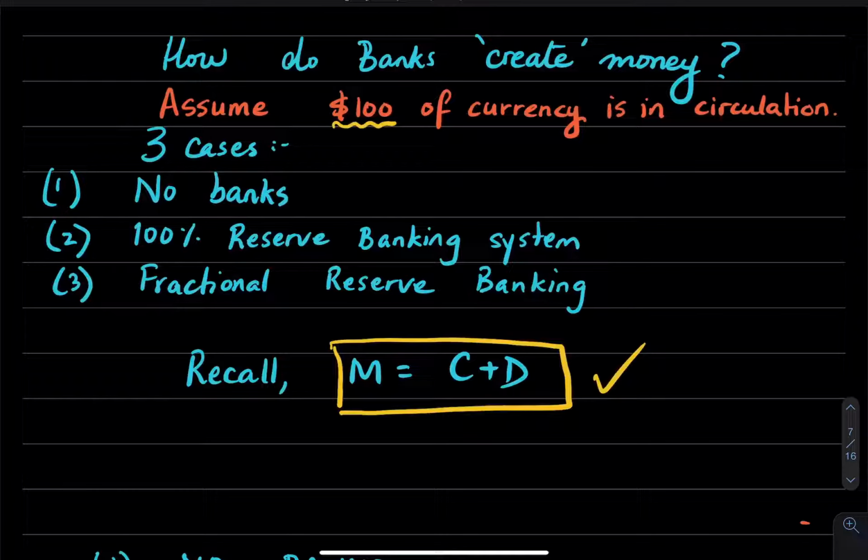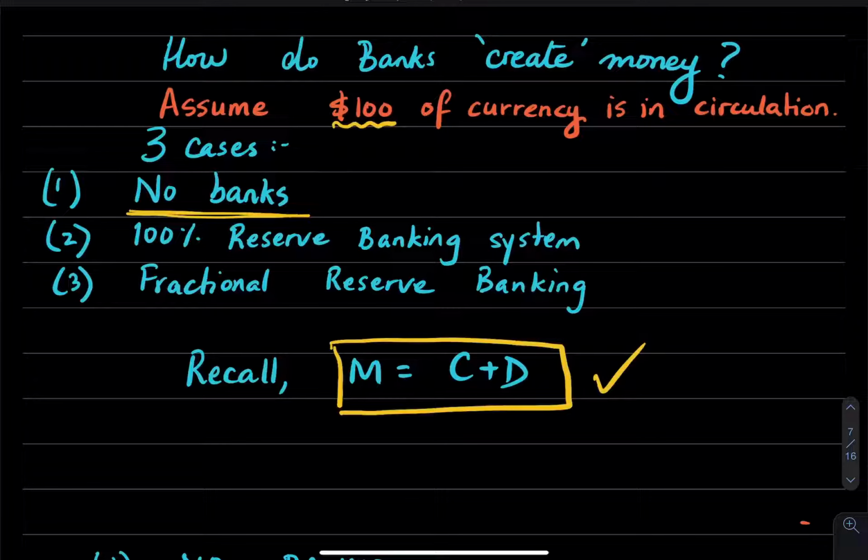This is the definition we're going to use again and again in these 3 cases. Now we're going to look at 3 scenarios. The first one being that there are no banks in the system. What happens then? Do we create money or we don't create money? We want to look at that.